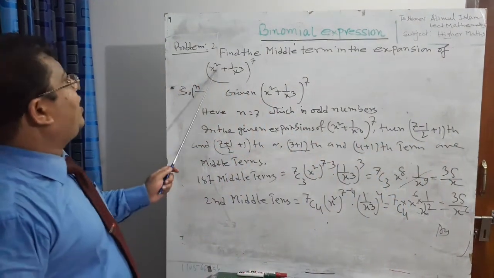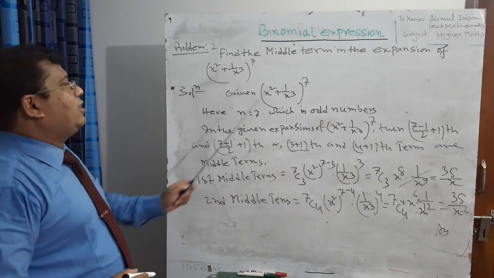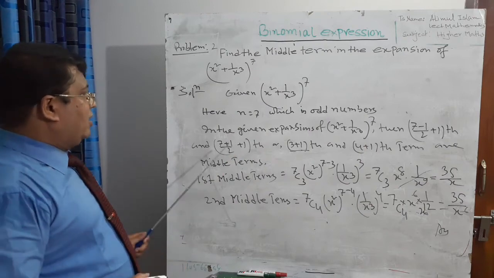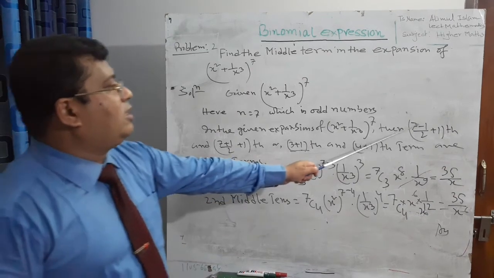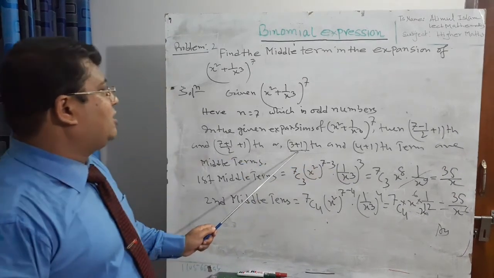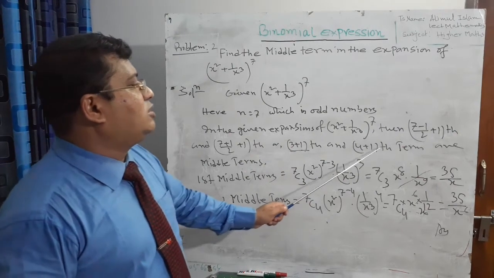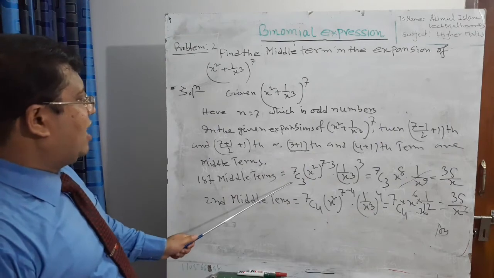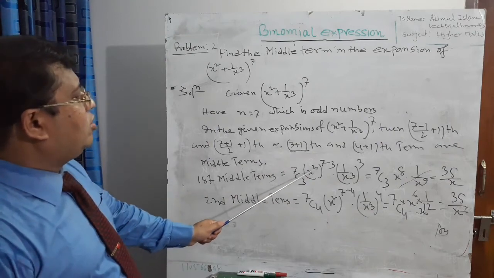Now find the middle term of the expansion of (x squared plus 1 by x cube) to the power 7. The power is odd, so there are two middle terms: (7 minus 1) by 2 plus 1 and (7 plus 1) by 2 plus 1, that is the 3 plus 1 and 4 plus 1 terms. The first middle term, you can write nCr, 7C3 (x squared) to the power 7 minus 3.